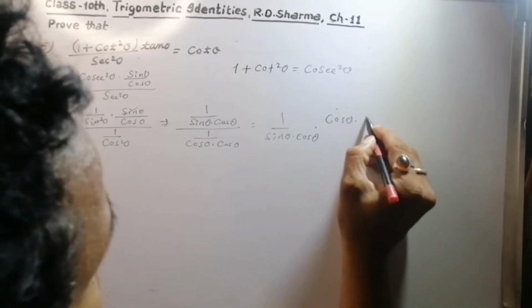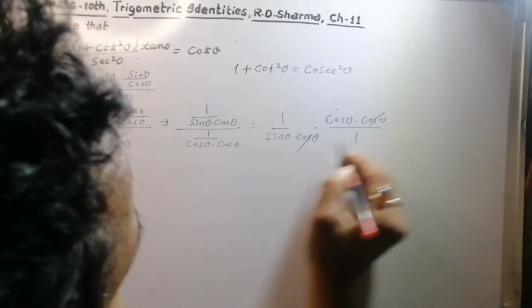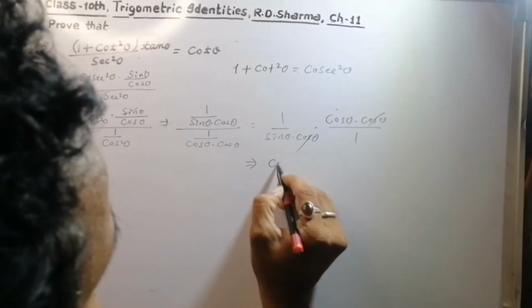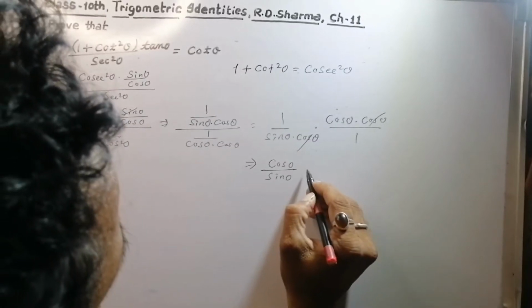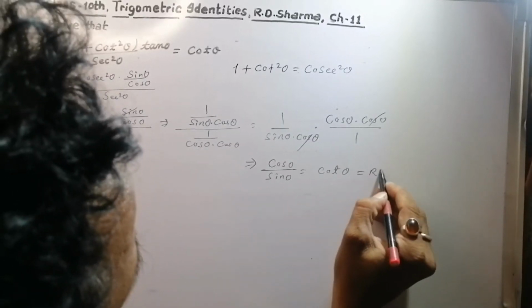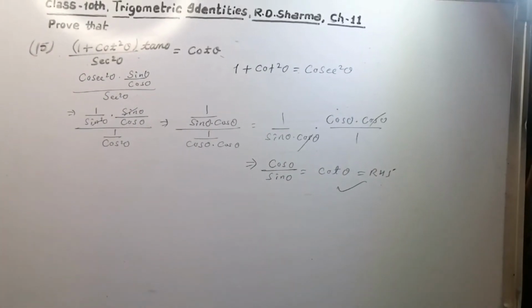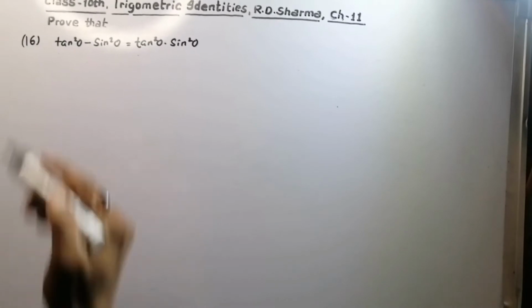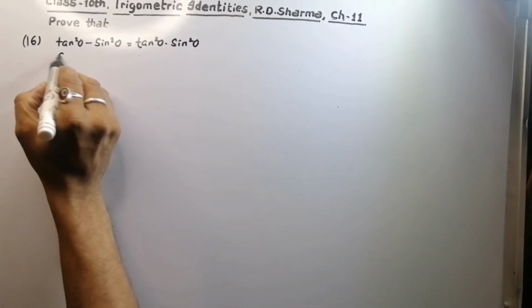So we can write 1 upon sin theta into cos theta, and cos square theta upon 1 goes upside. So we get cos theta upon sin theta, which is equal to cot theta, which is equal to right hand side.